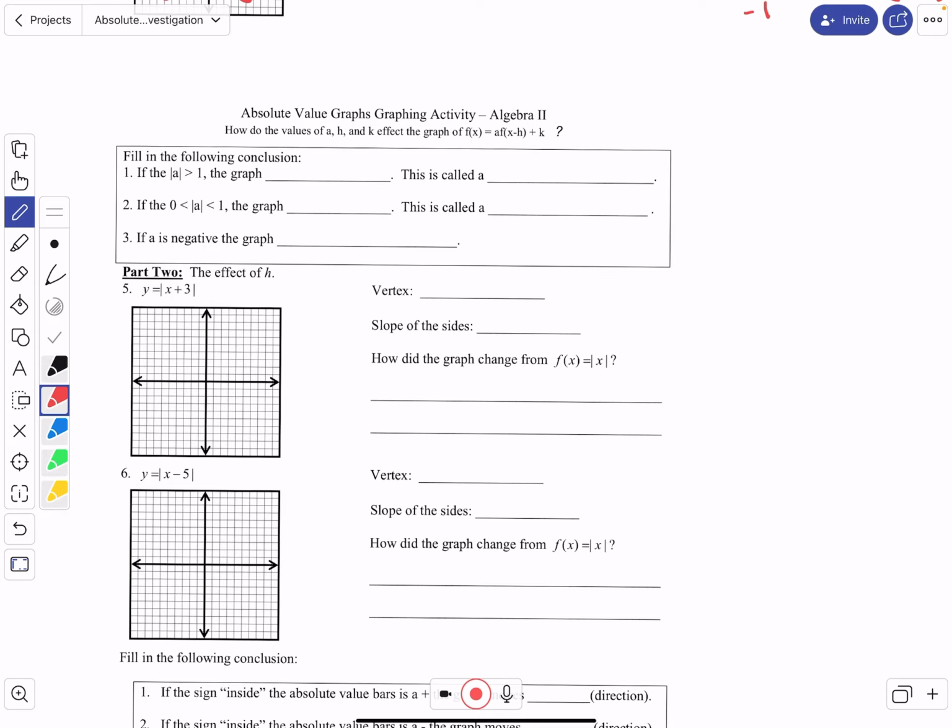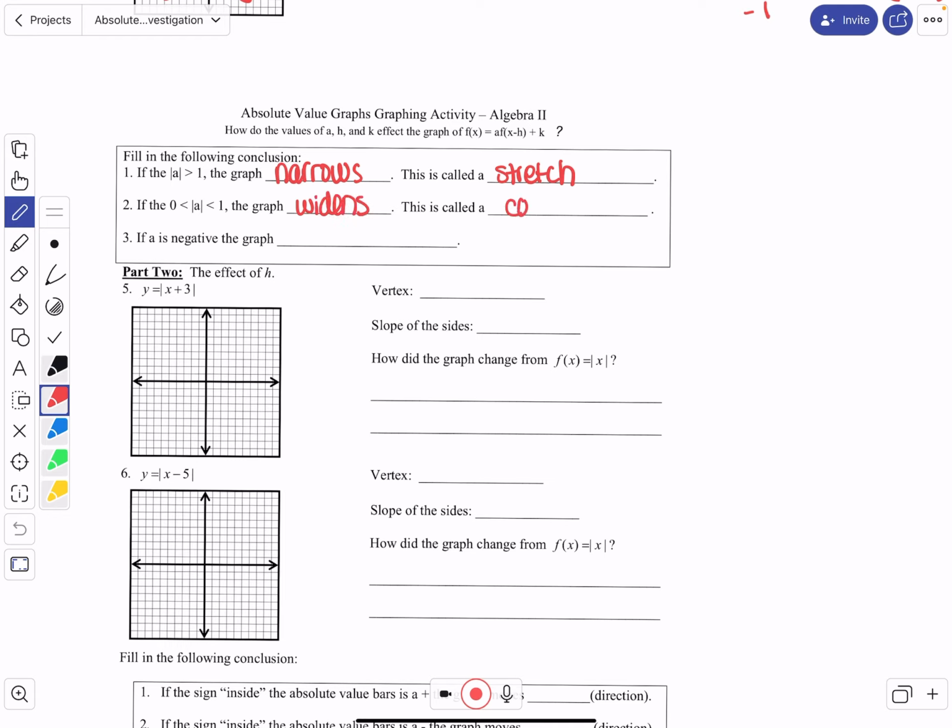Let's make our following conclusions. If the absolute value of a is greater than 1, the graph narrows, and this is called a stretch. If a, your number out in front of the graph, is between 0 and 1, the graph widens.